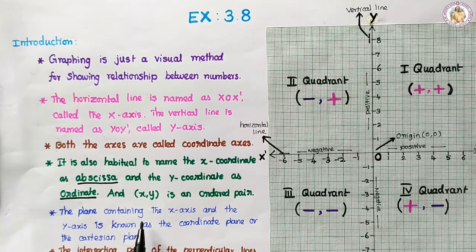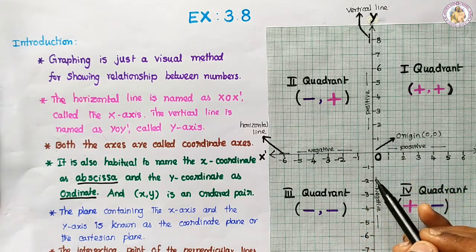The plane containing the x-axis and the y-axis is known as the coordinate plane or Cartesian plane. The intersecting point of the perpendicular lines, O, represents the origin.